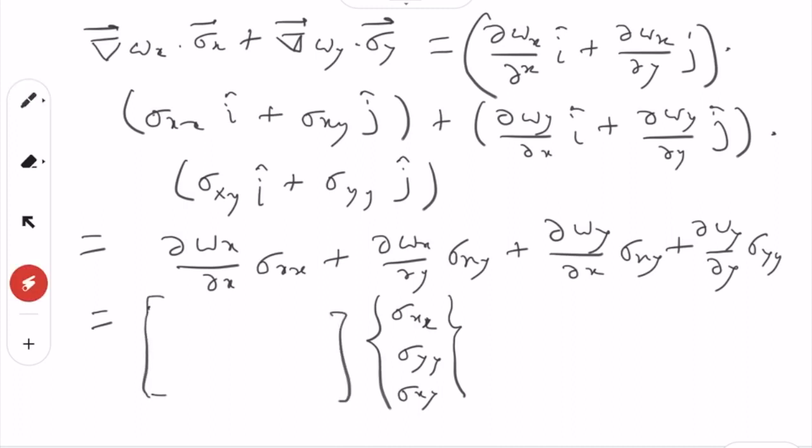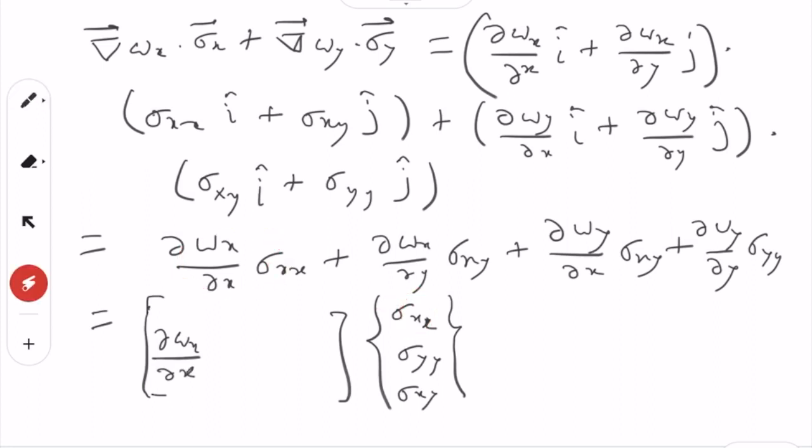Here we will get sigma xx, we have sigma xx only once, so we will write del wx over del x, multiplied by this.